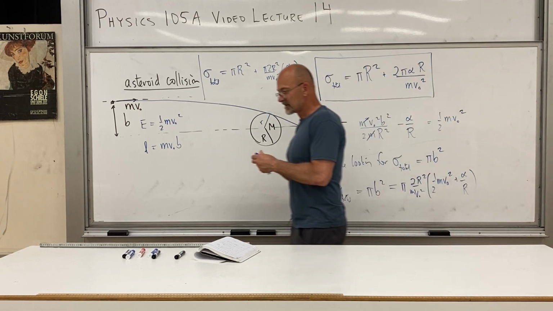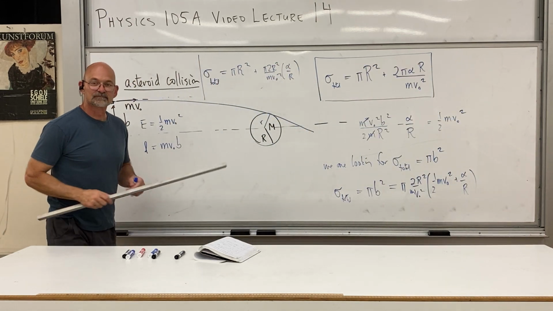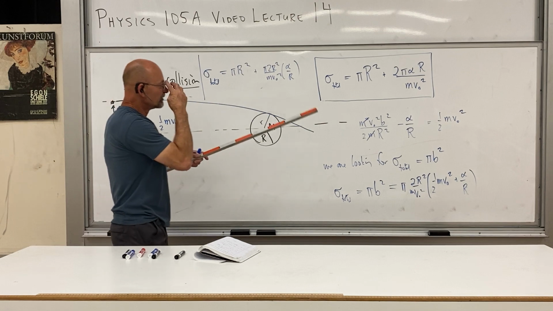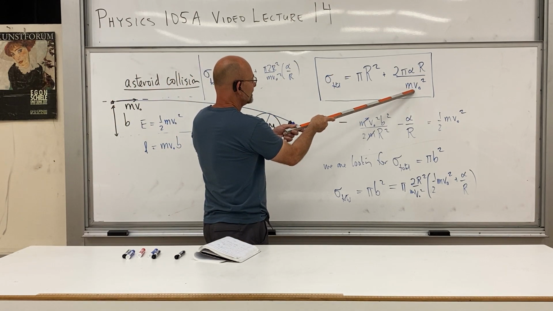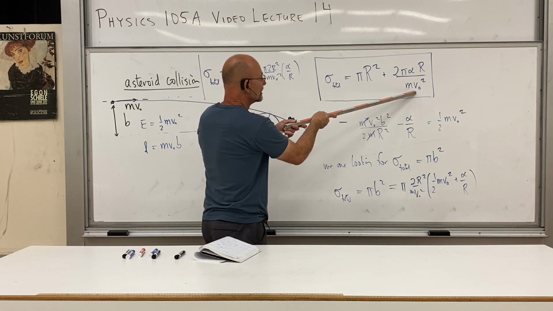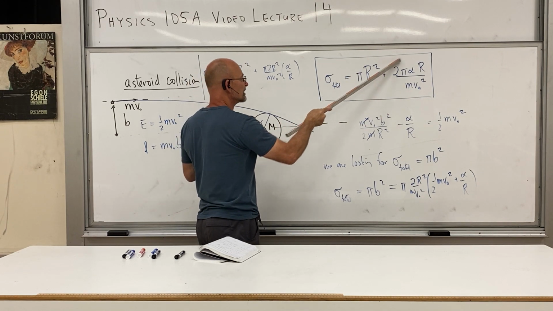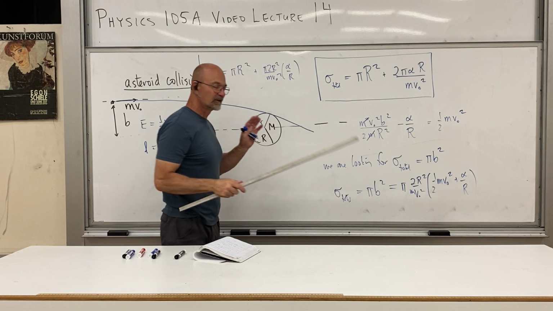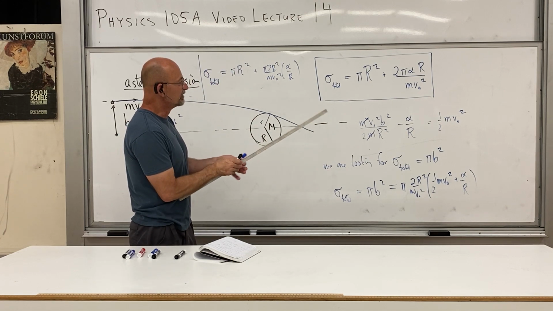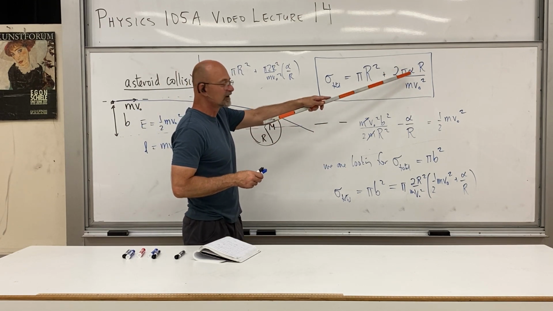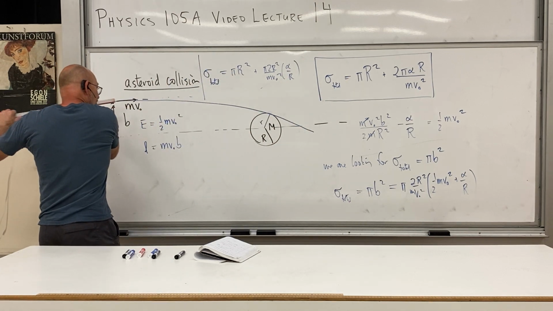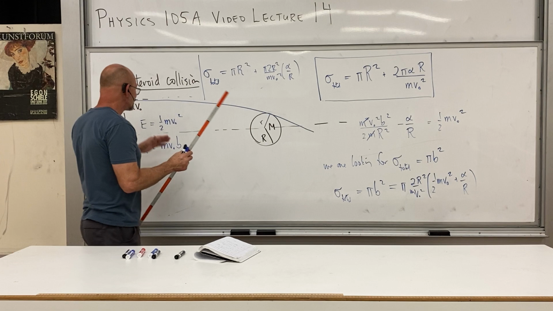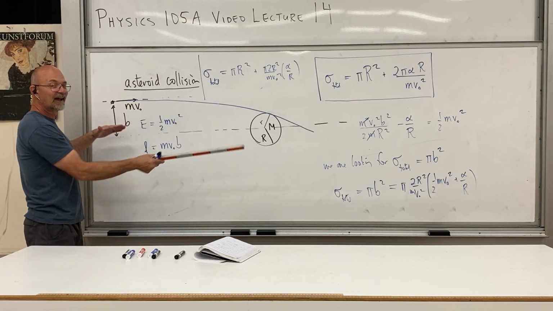Okay, this is good enough to have a little discussion on. You'll notice that if v naught is really large, then this second term is suppressed. I'm just doing a qualitative discussion here. That means this bullet just blows right by the target unless it happens to be aimed precisely at the target.